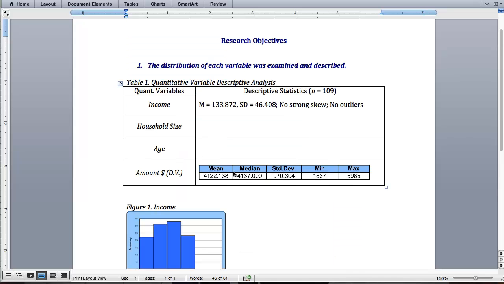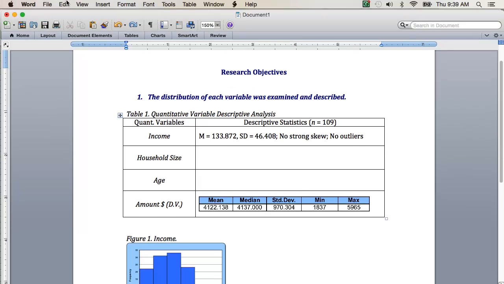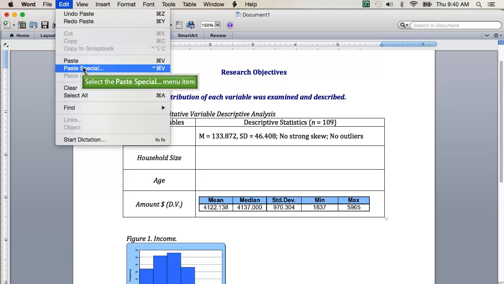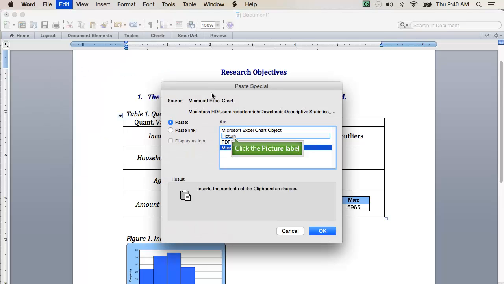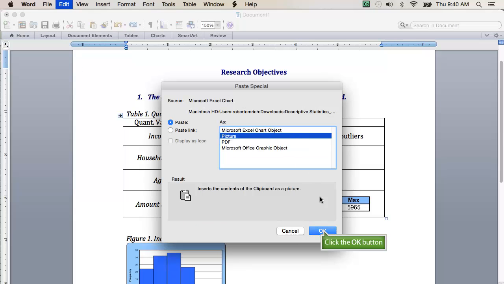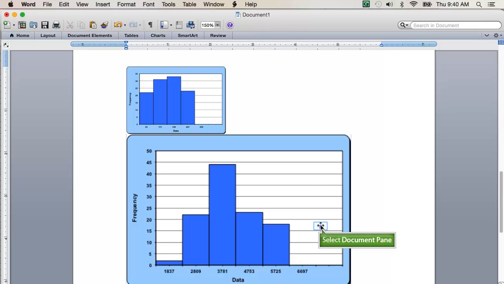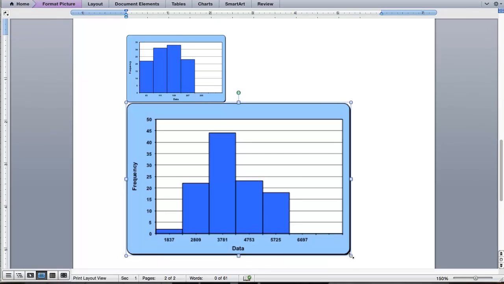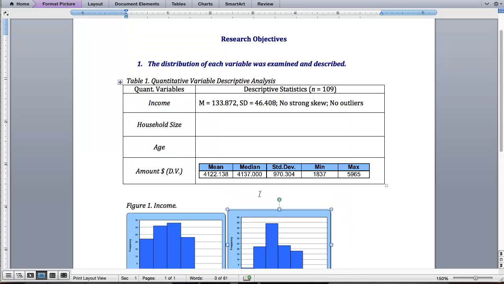Or we could simply paste special as a picture. And adjust our size. And maybe even add a label.